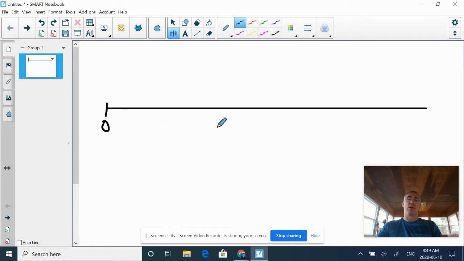Now, when I think about 1 1/8, I know that that 1 also represents 8/8. And so when I think about 1 1/8, the first thing that jumped out at me was I want to do 1/8 intervals until I get to that 1 1/8.